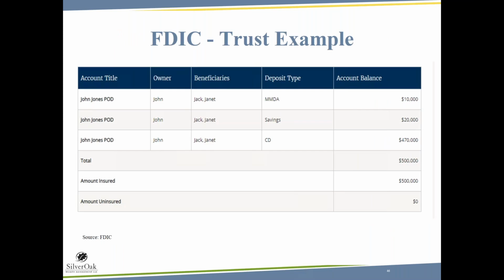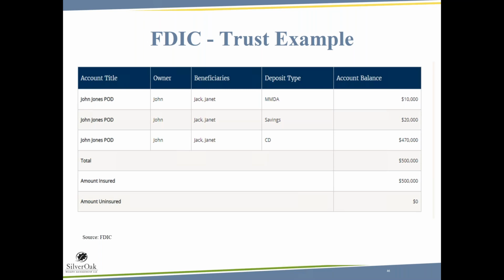Here's another example. So walk us through this one. So here we have John Jones has 3 trust accounts with different investments. And you'll see that he has the same 2 beneficiaries, Jack and Janet.